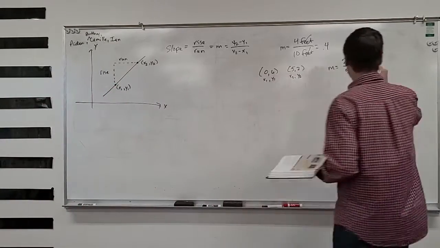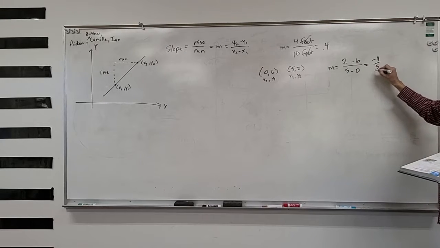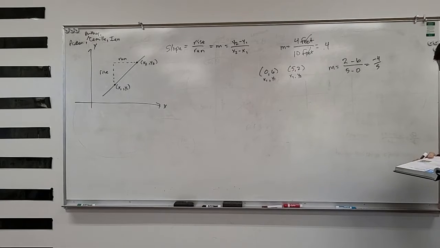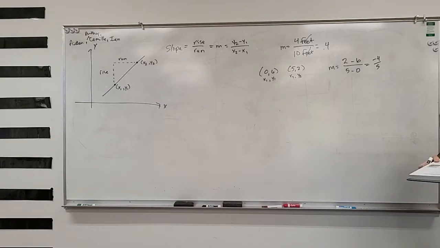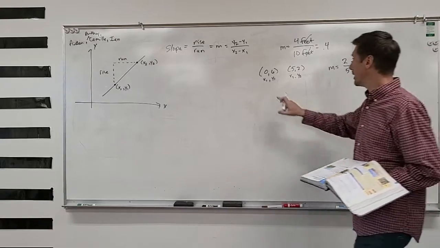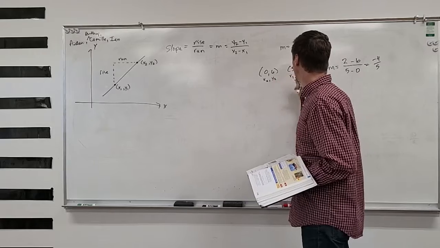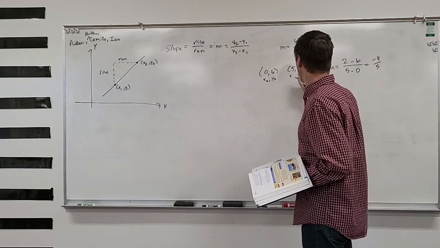So this gives us 2 minus 6 is -4 over 5. So -4/5 is our answer for the slope on this one. Now just to prove that we could have switched this around, let's make this now be x2 and y2, and the other x1 and y1.